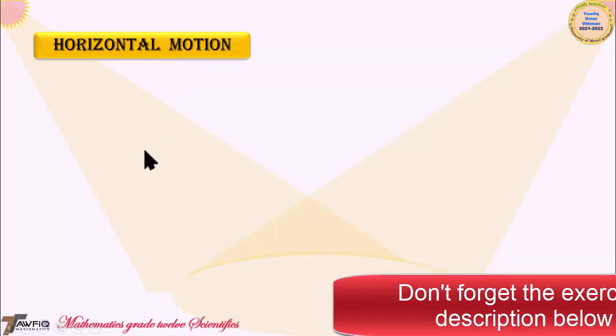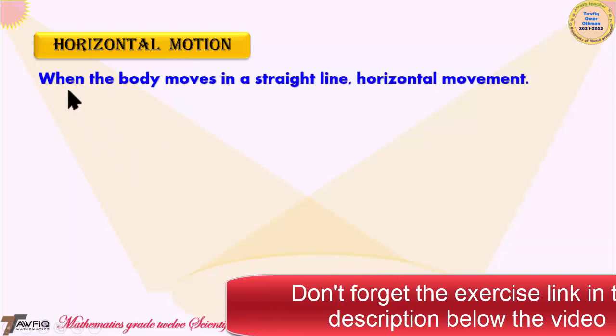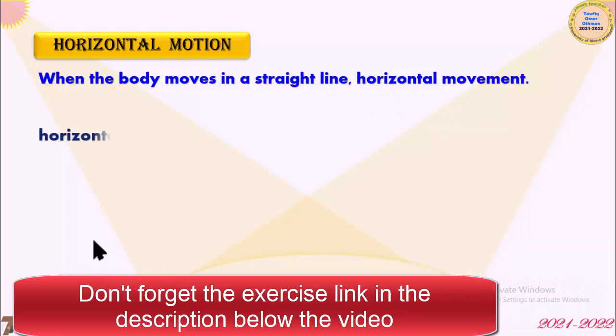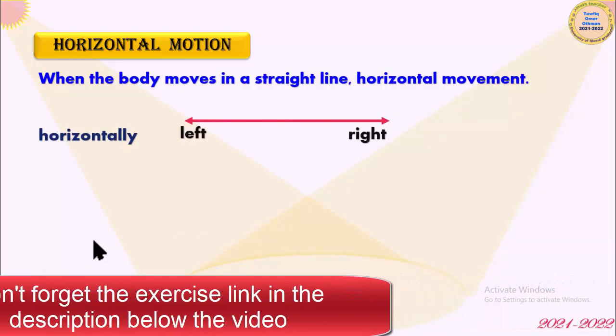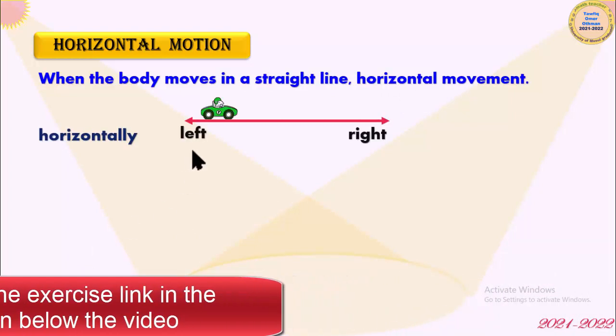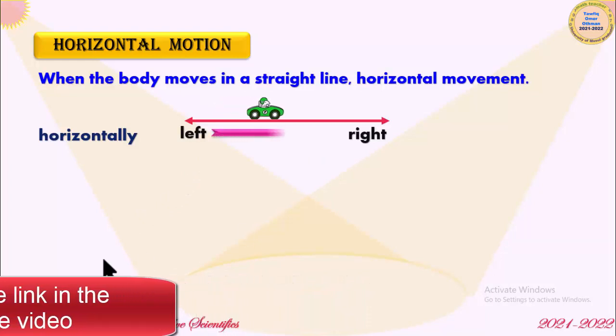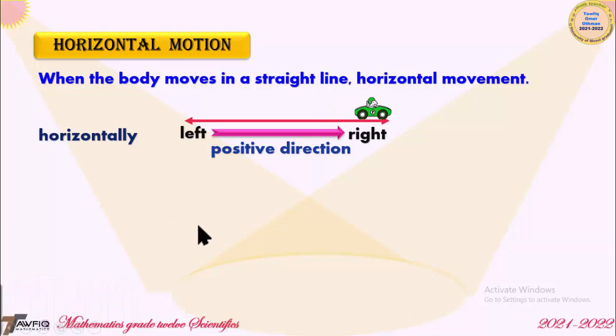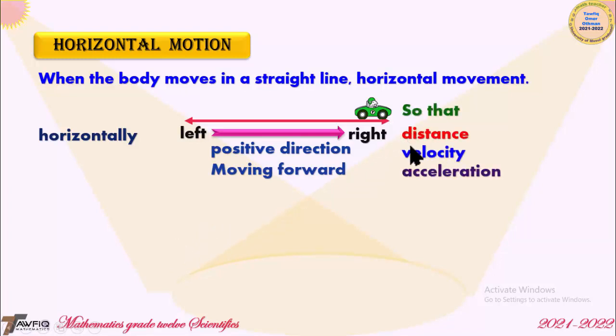Horizontal motion. When a body moves in a straight line, horizontal movement from left to right is a positive direction, moving forward, so that distance, velocity and acceleration are positive.